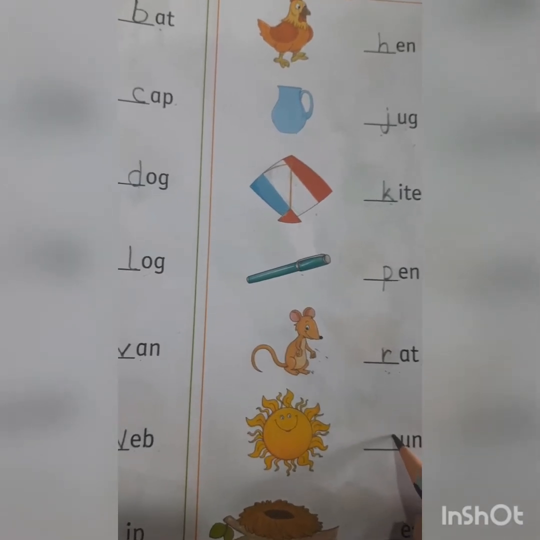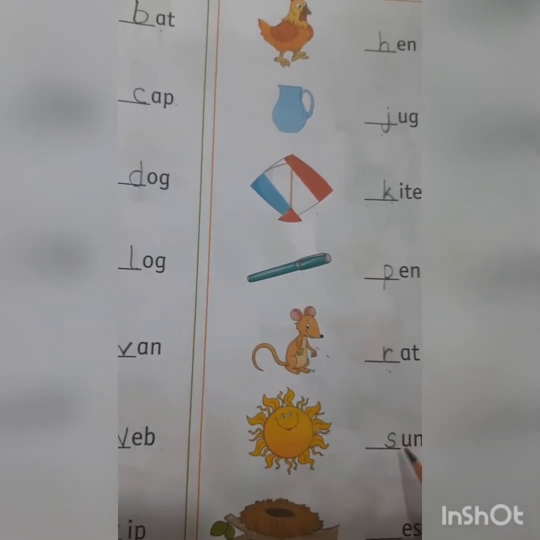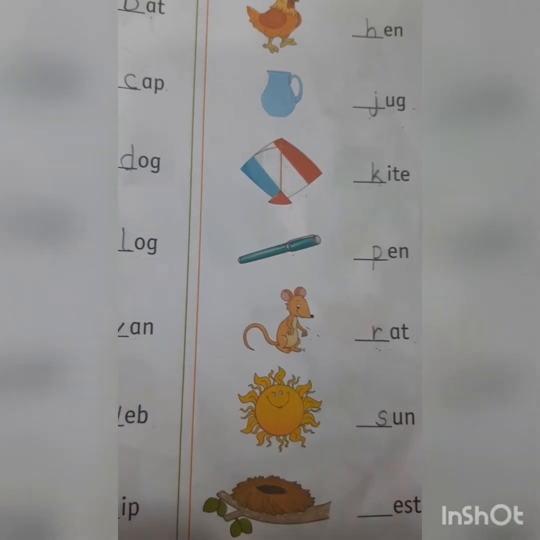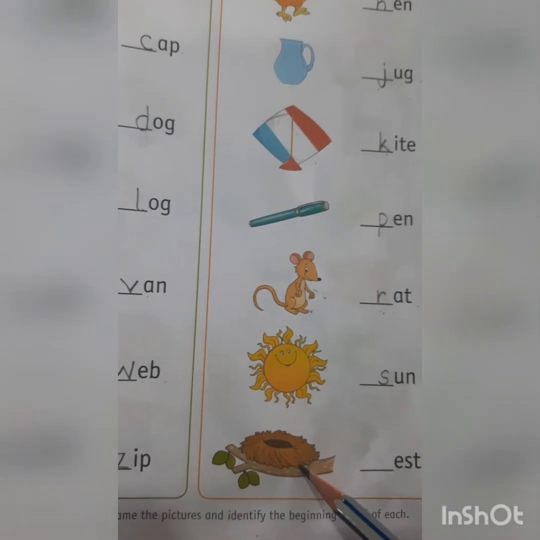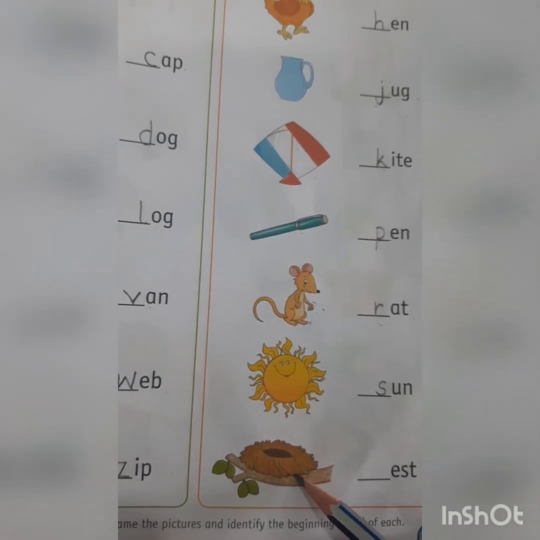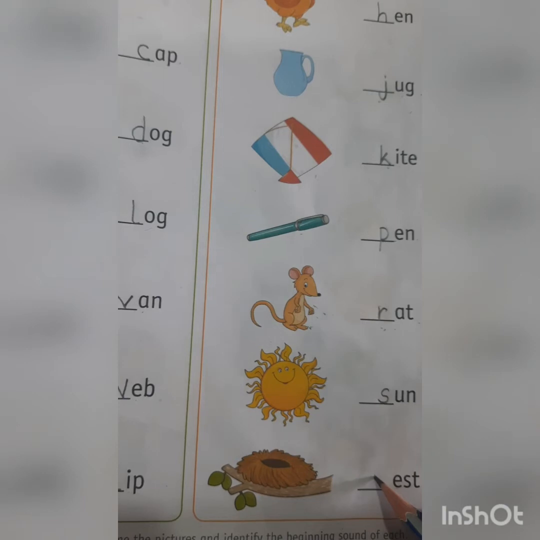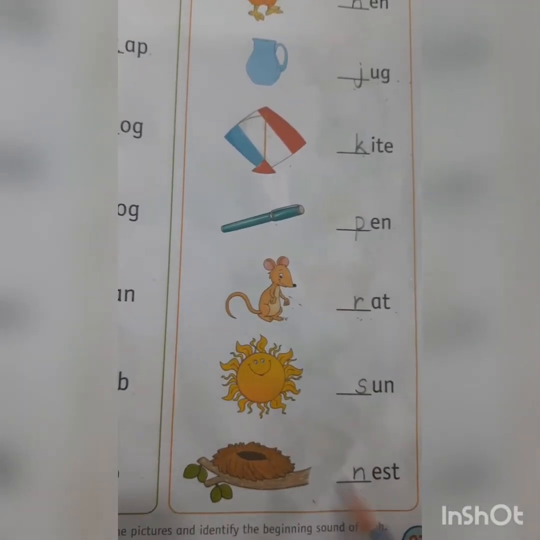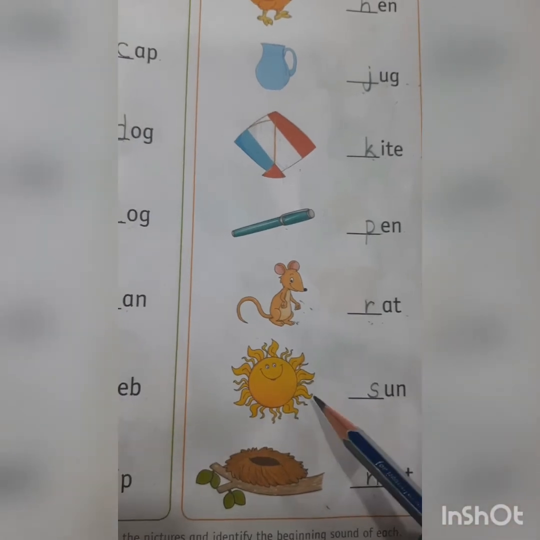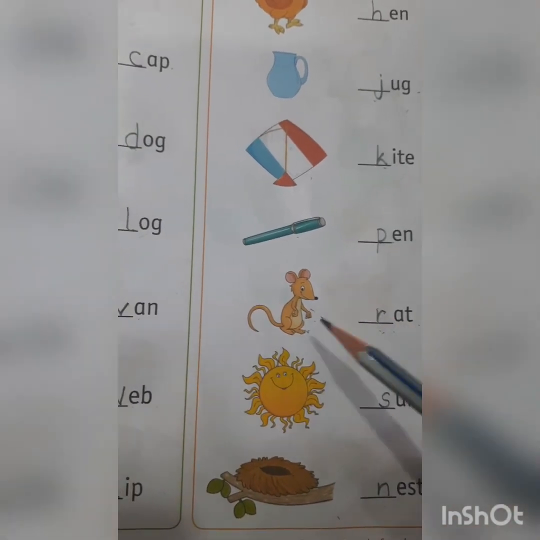It's letter S. Sun. Now what is this, children? This is a nest. Sound किसकी होती है? Small letter N. N-E-S-T, nest.